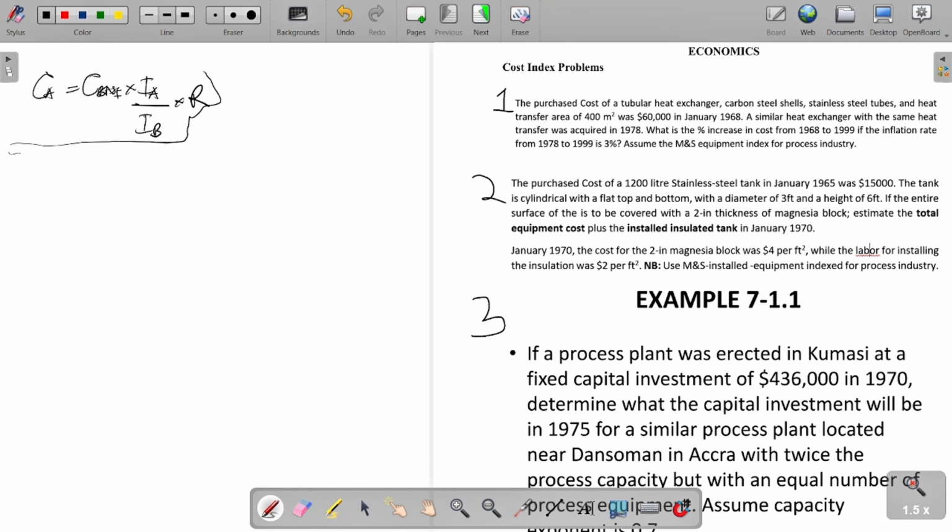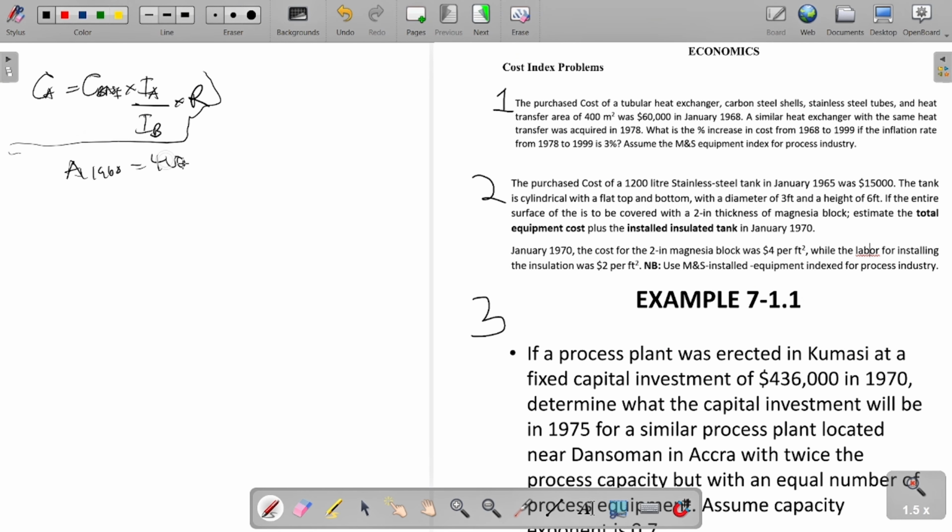So the first question says that the purchase cost of a tubular heat exchanger, carbon steel shell, stainless steel tubes, and a heat transfer area of 400 meter squared, in 1968.